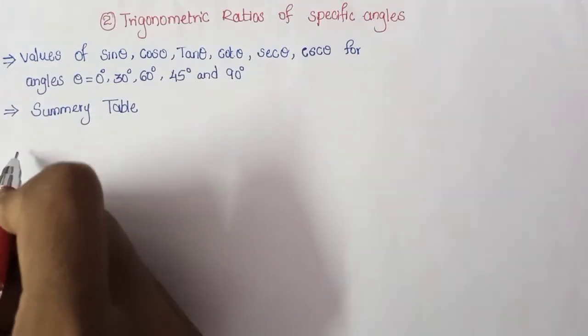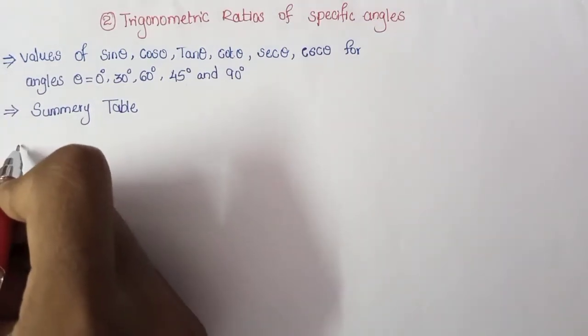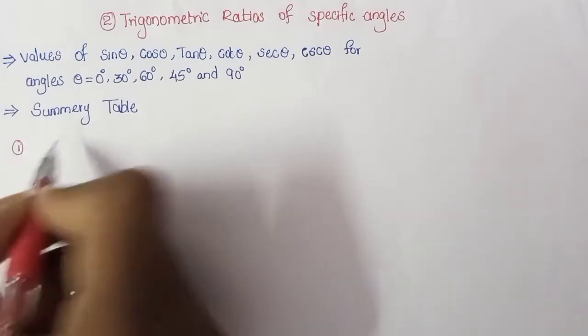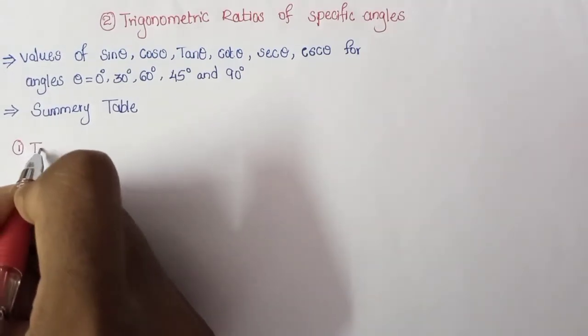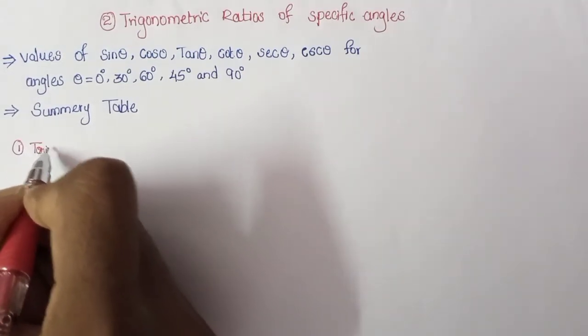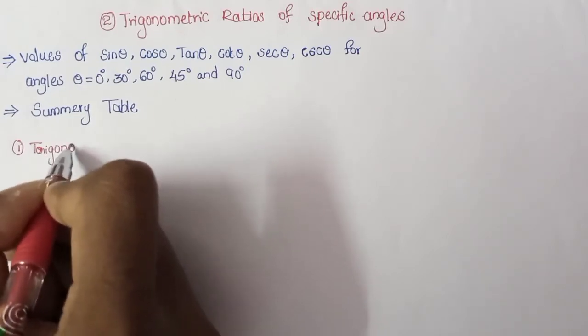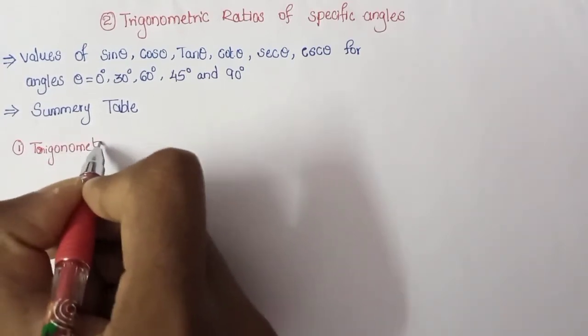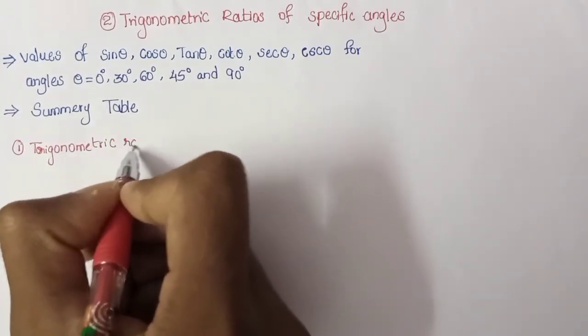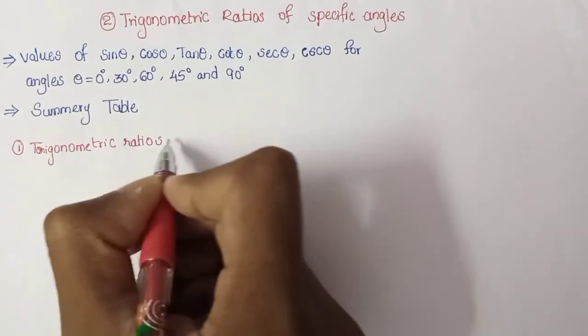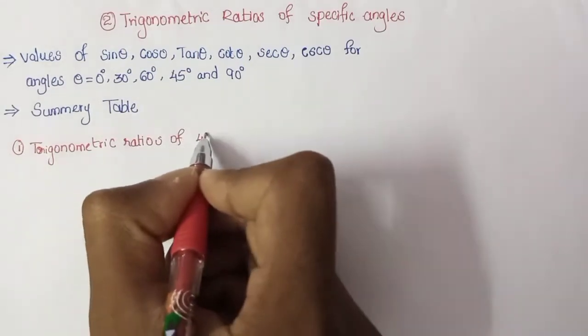The first thing is, let us find the trigonometric ratios of 45 degrees.